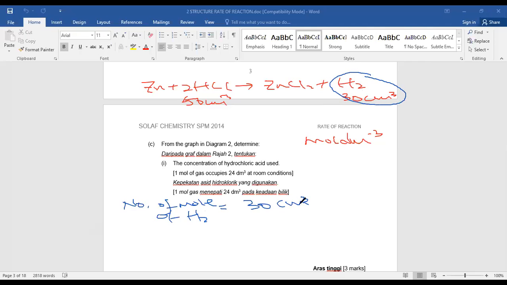Now, if you are talking about 30 centimeter cube, you have to change it to decimeter cube so that you can divide with this number.